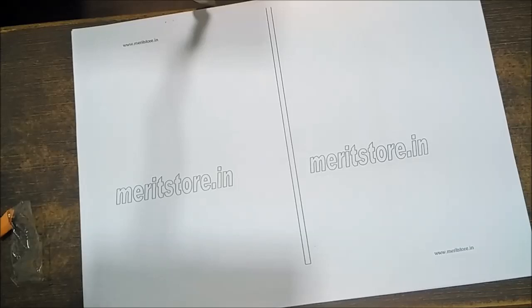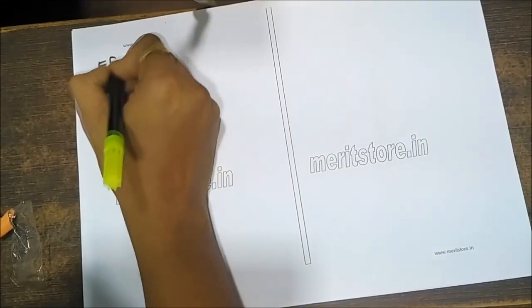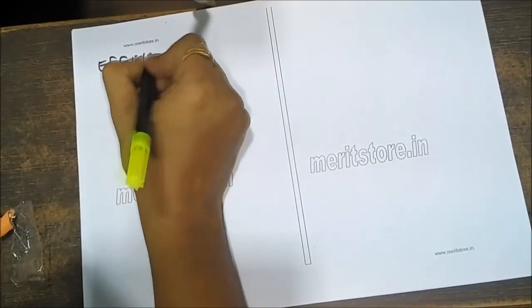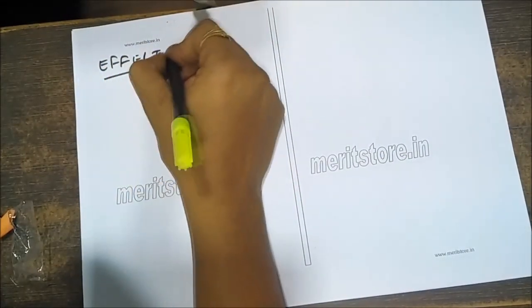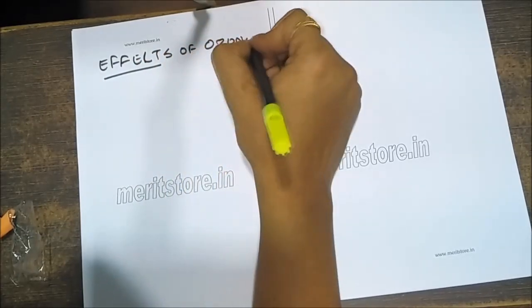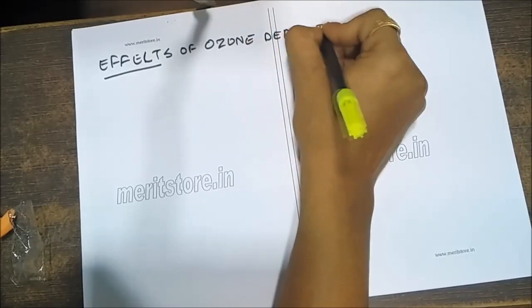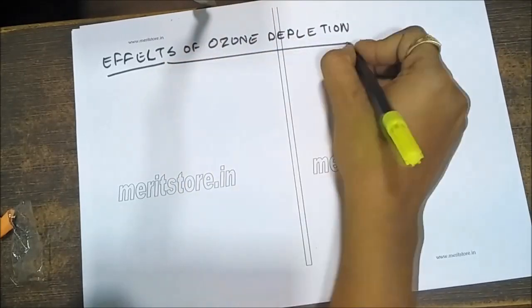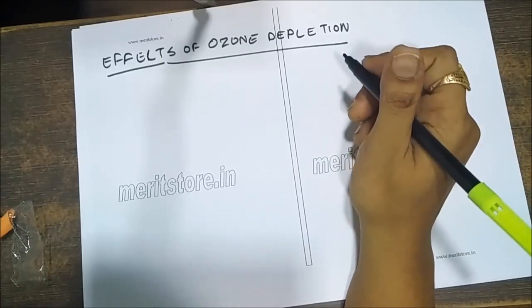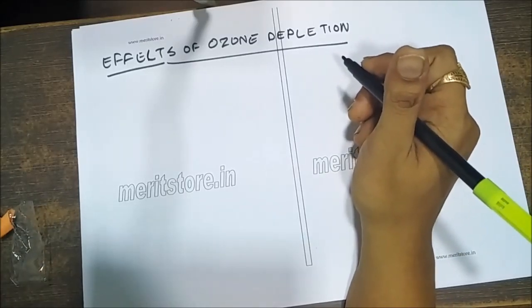Next, let's see what are the effects of ozone depletion. See, just to summarize, we said ozone is formed mainly in the stratospheric region where the light radiations are high.